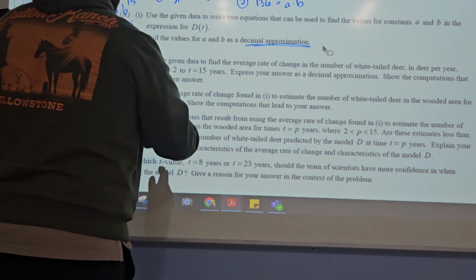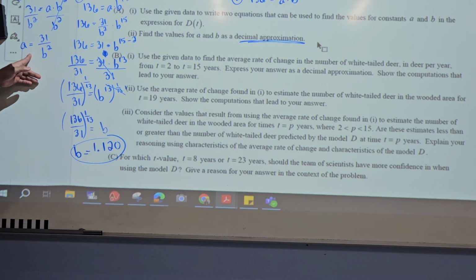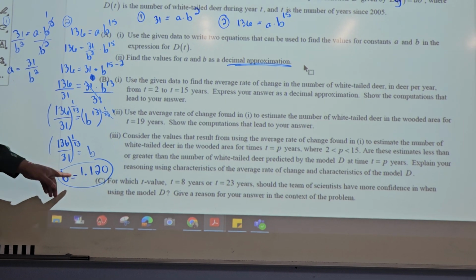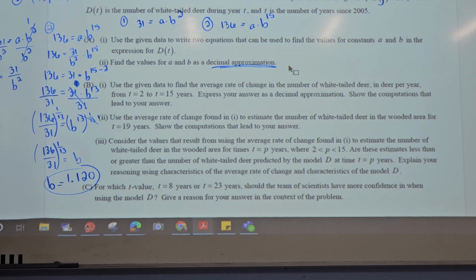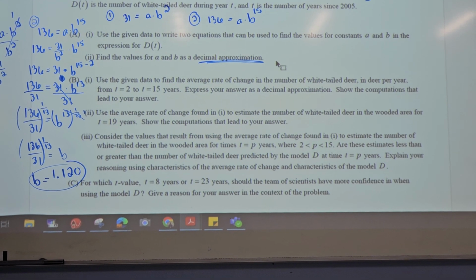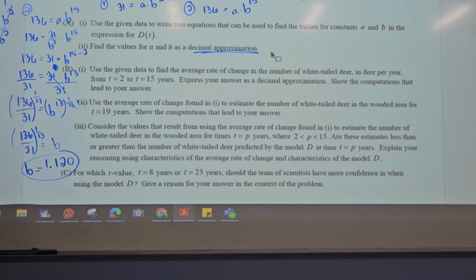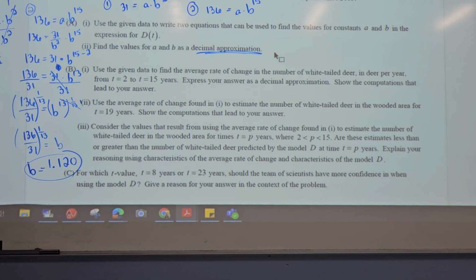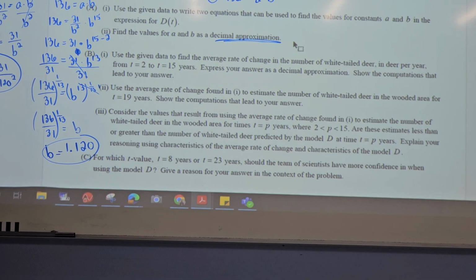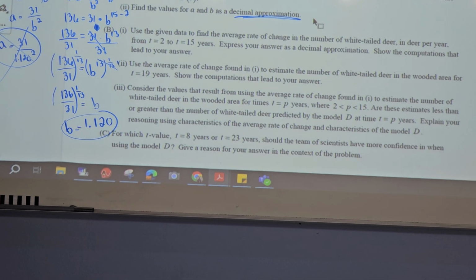So if I solve for A, if I come back over here to the equation, and I plug this B value over here, A equals 31 divided by 1.120 to the power of 2. If I do this, you're going to get it wrong. This would be wrong, okay?